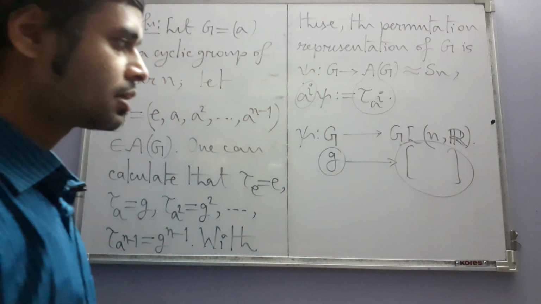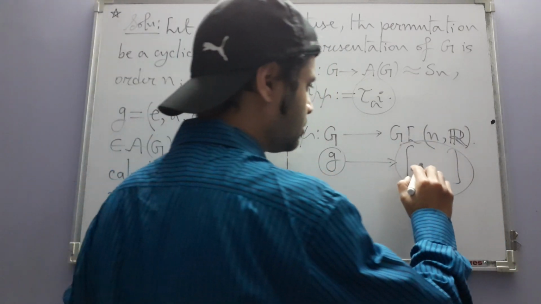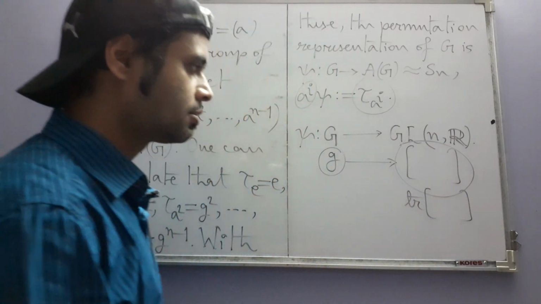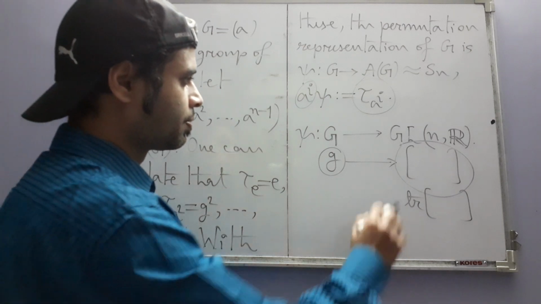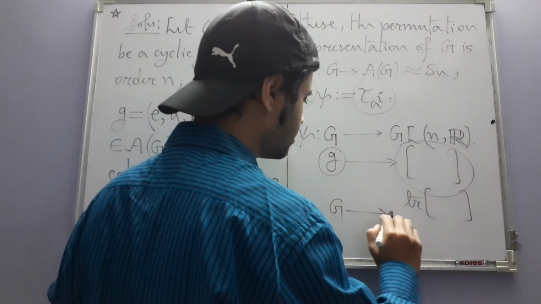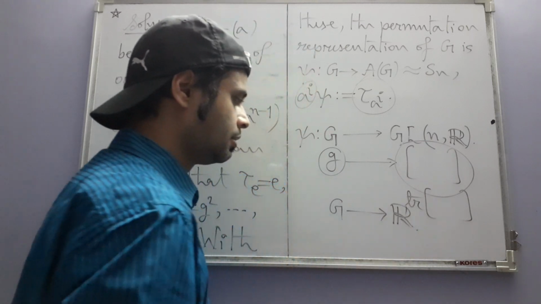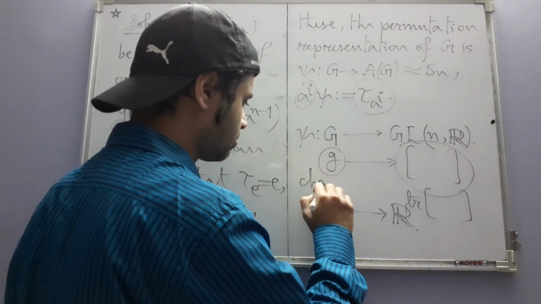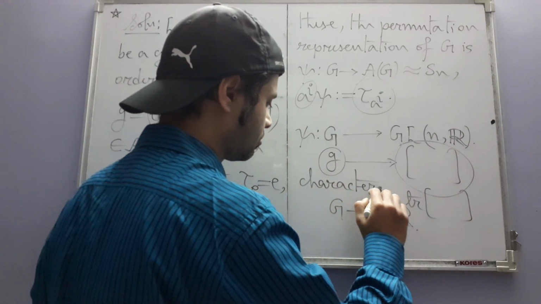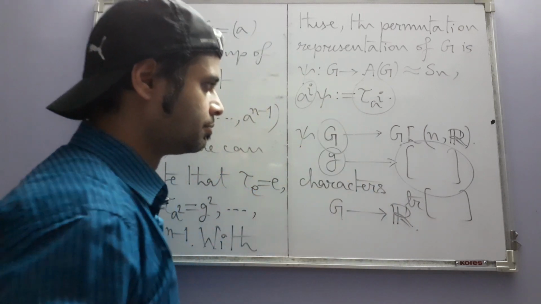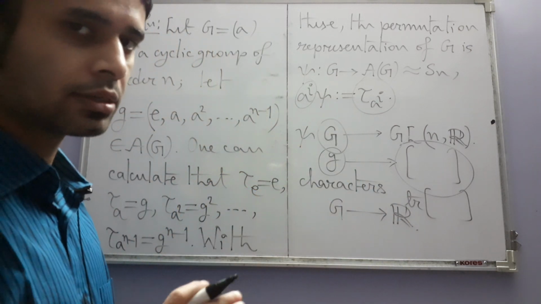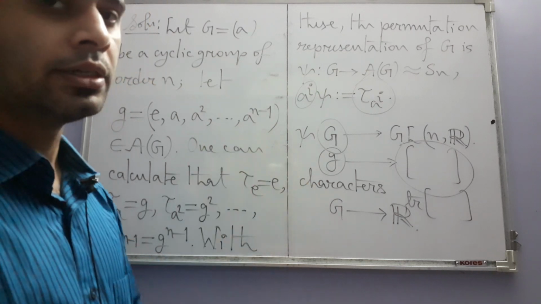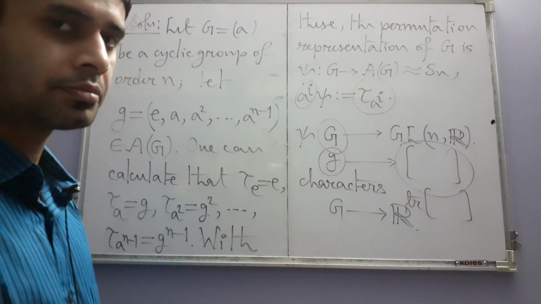If one goes one step further and takes the trace of this matrix, then one gets a function from the group into the field R. This type of function is called a character of the group. Many results in group theory which are quite deep essentially depend on properties of characters.